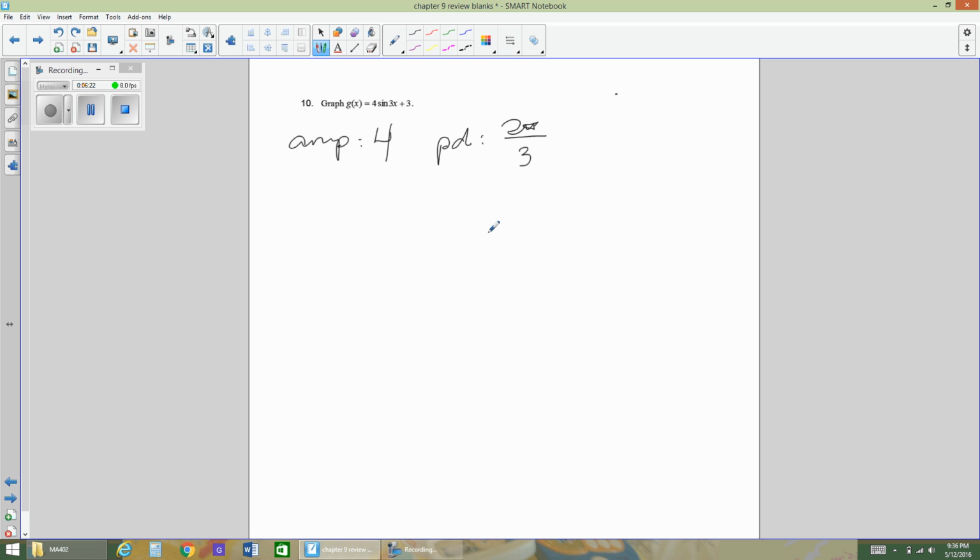In this case, it's a 3. And I know that I have a shift up 3 units. So we'll deal with that in a minute. So I have the origin 0, 0, and I have my period of 2 pi over 3.